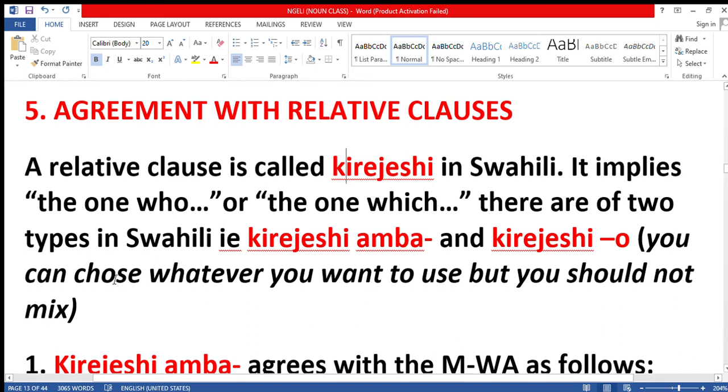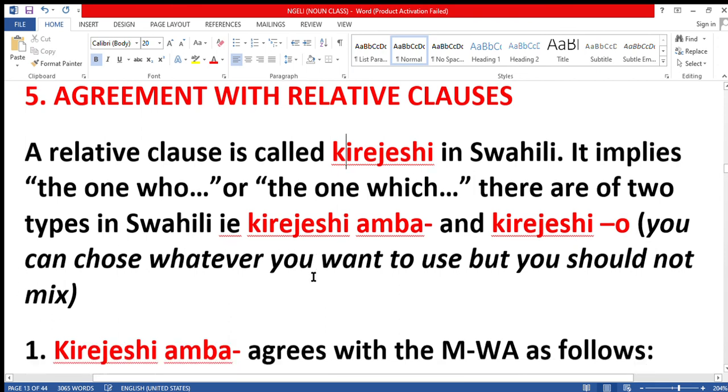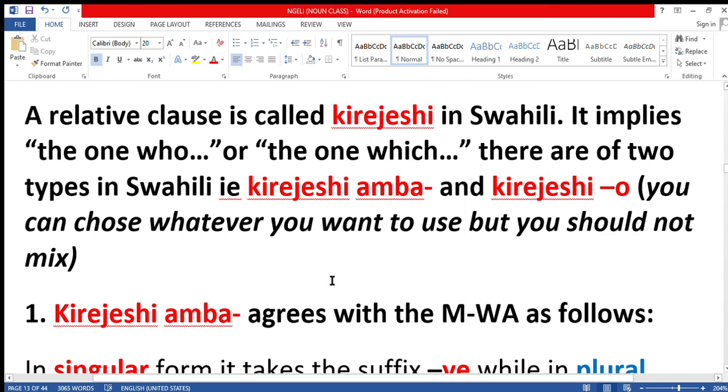There are two types in Swahili, that is Kirijeshi amba and Kirijeshi o. You can choose whatever you want to use, but you should not mix the two. If you are using Kirijeshi amba, keep distant from the other one. And if you are using Kirijeshi o, leave alone this one. Okay?